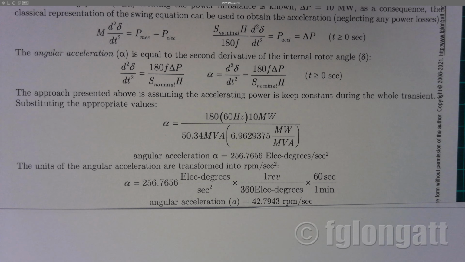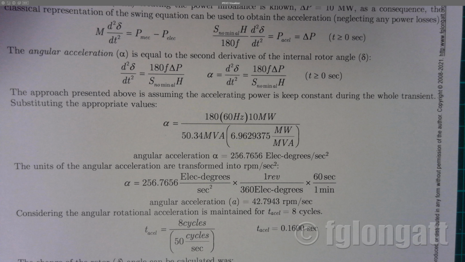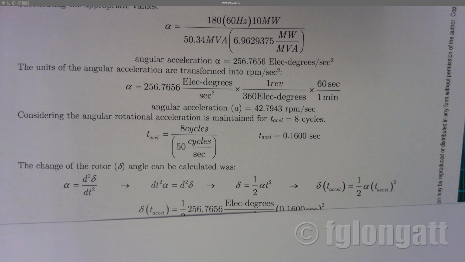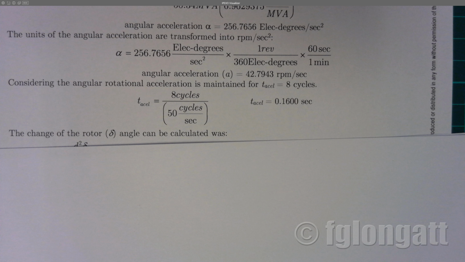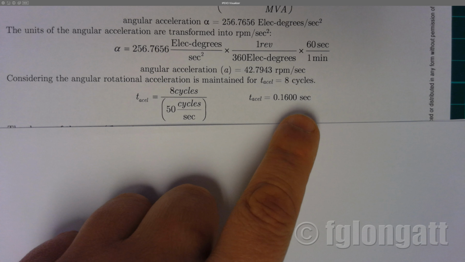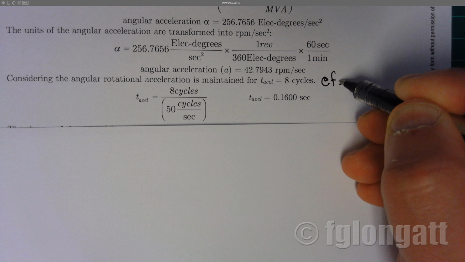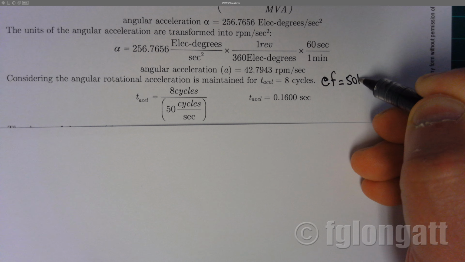Now, the next question is, this acceleration is maintained or supported by 8 cycles. And you must remember that those 8 cycles, we are working at a frequency equal to 50 hertz.